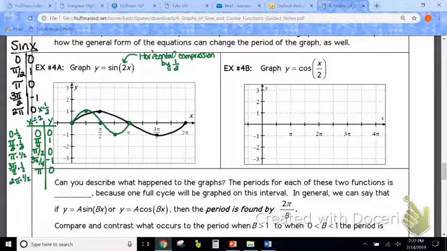Alright, so for 4b, we're going to graph cosine of x. And so my parent table, and I do this every time because it helps me. I have to see it and I don't have it written down on anything. Plus, the more times you write it, the more likely you're going to remember it.